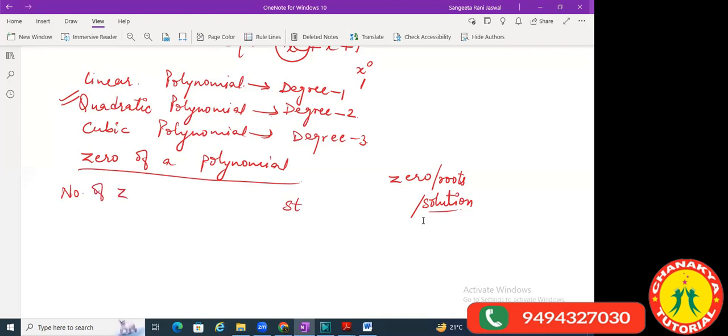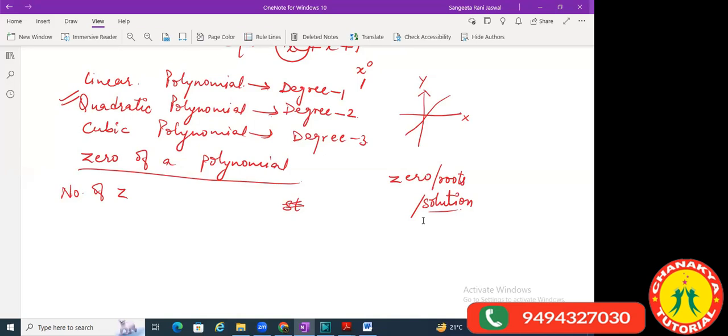Now what does that straight line represent? If we make a graph and get a straight line like this, what does it represent? Just by looking at the graph, you can find out how many solutions this linear equation has.